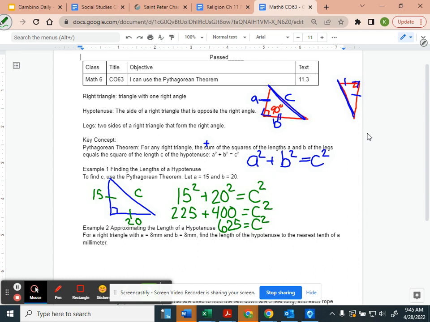What's the opposite of squaring, Mia? Dividing. Not dividing. The square root. Oh, yeah. So I need to find the square root of 625, and the square root of C squared would be just C. So what is the square root of 625?